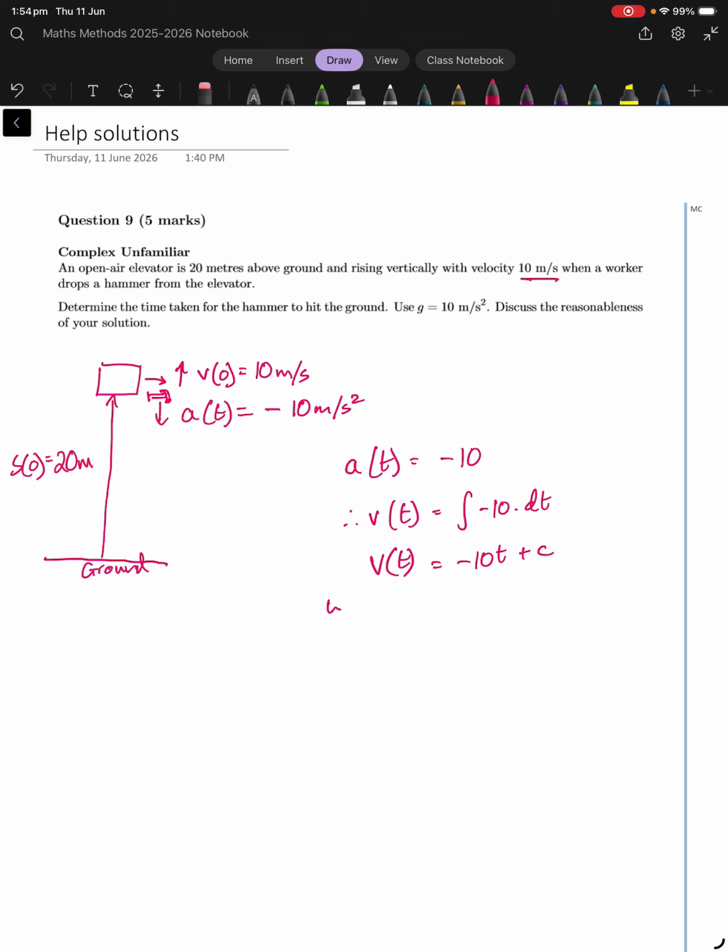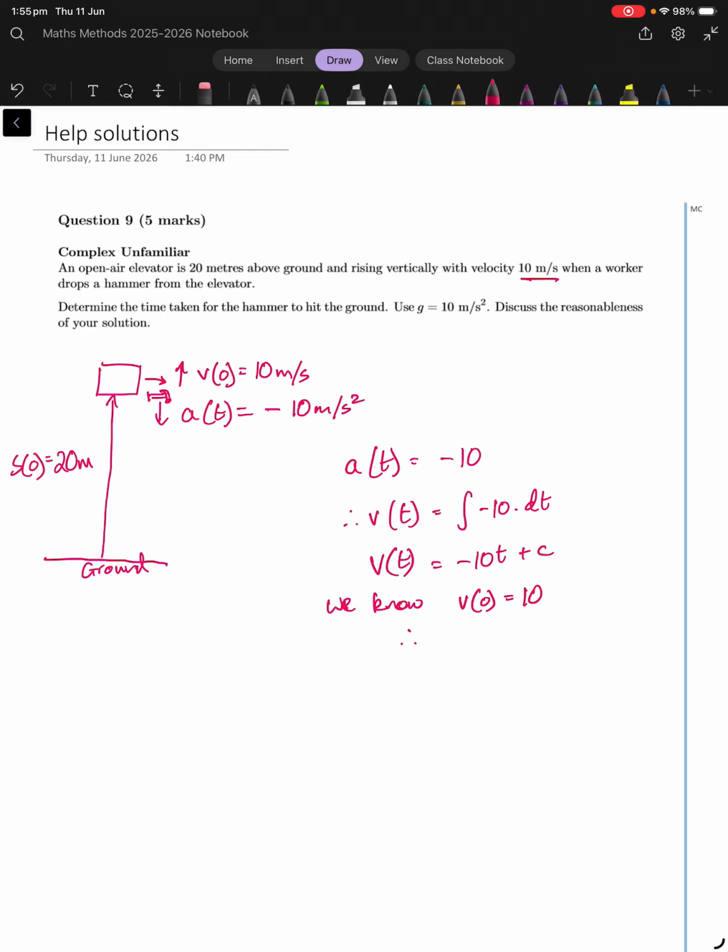But we know that the velocity at time 0 was, when the hammer was dropped, the elevator was going up at, not at 20, it was 10 metres per second. The velocity was 10 metres per second.